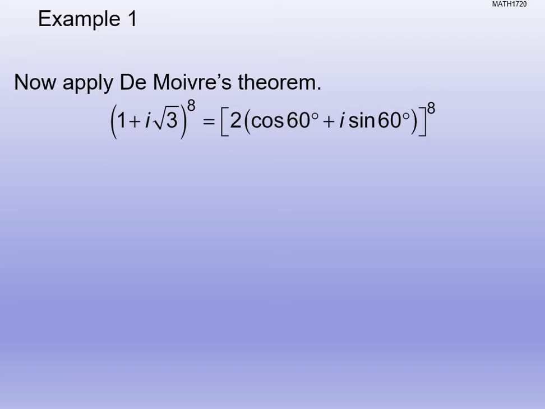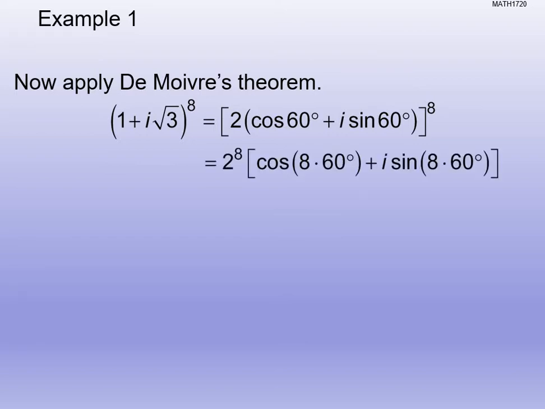If we just follow the substitution that we saw for the theorem, we're going to get 2 to the 8th times the quantity of cosine of 8 times 60 plus i sine of 8 times 60. When we do the math here, 2 to the 8th is 256. 8 times 60 is 480, so we're going to have cosine of 480 plus i sine of 480.